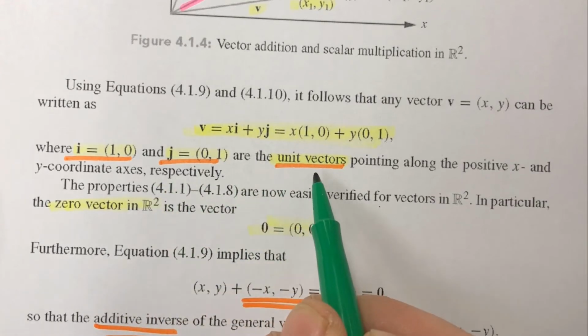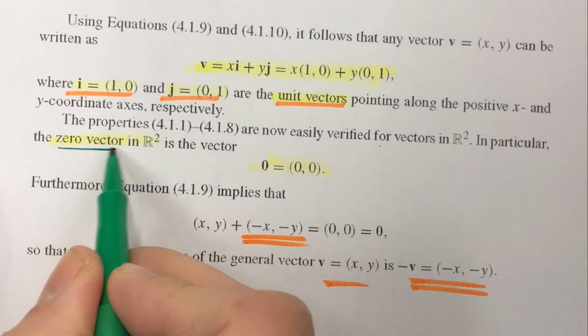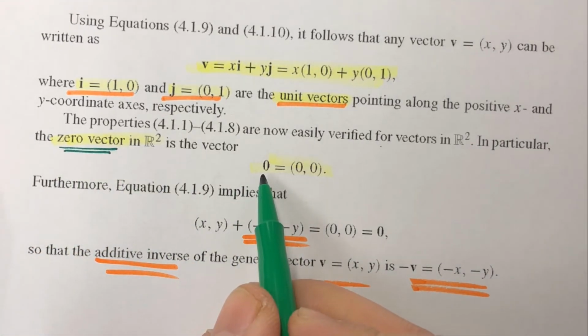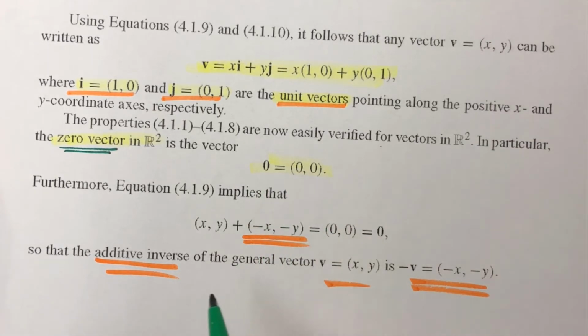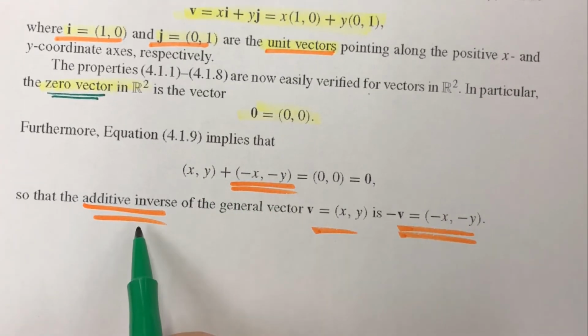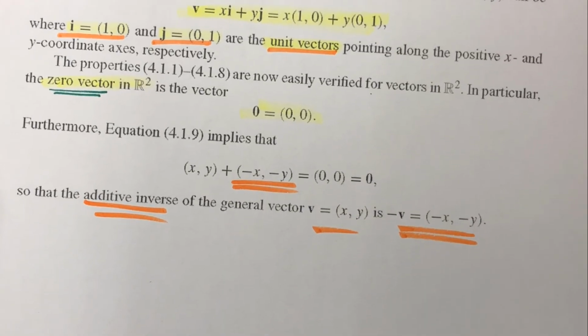These are called unit vectors. This would be the zero vector, as you could see right there. As you can see, this 0 is bold, and this is the regular font for the components. This would be the additive inverse for any vector x, y. So we're done with page 4.